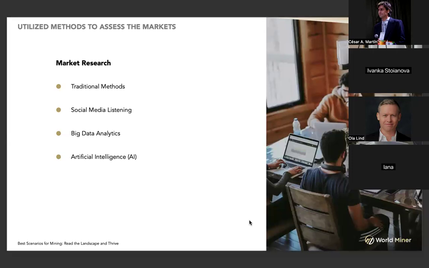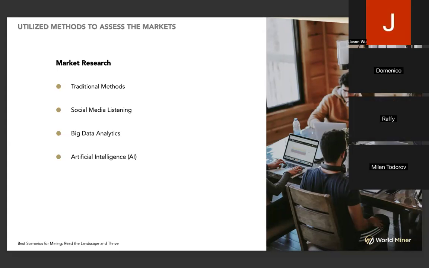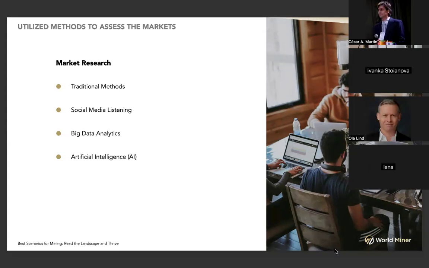Traditional market research methods, surveys, focus groups, and interviews, remain valuable tools for gathering qualitative and quantitative data about consumers' preferences, needs, and behavior.